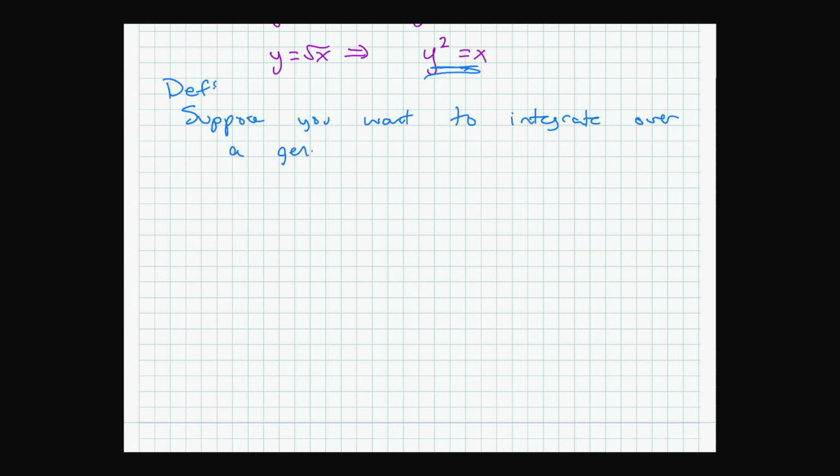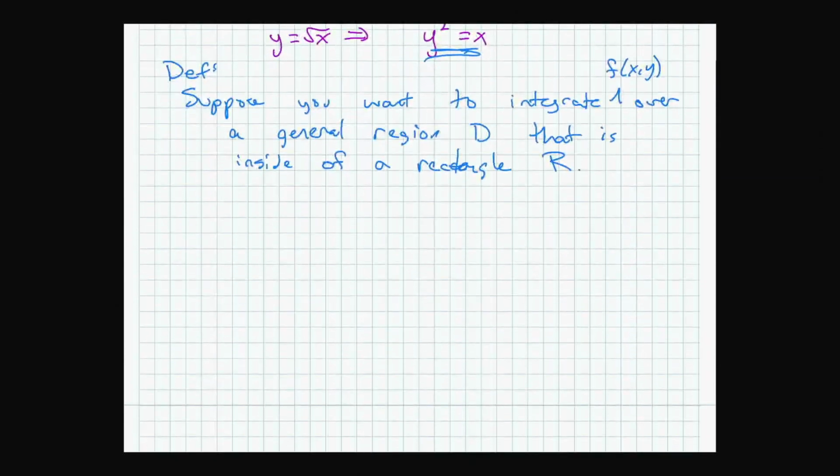You want to integrate over a general region D that happens to be inside of a rectangle R. And let's say we want to integrate f of x, y over a general region D that is inside of a rectangle R. So this is why you do need their definition. So I guess I'm going to do what I said I was not going to do.